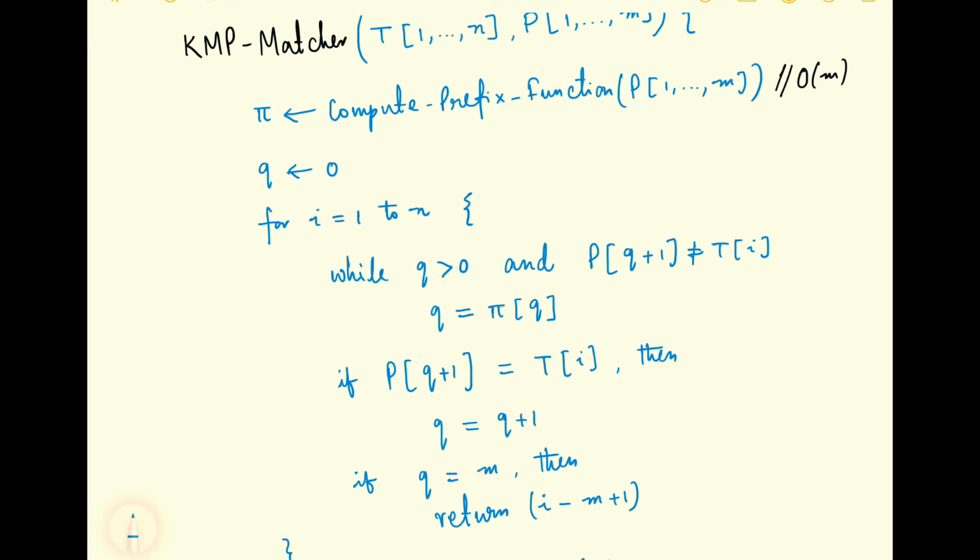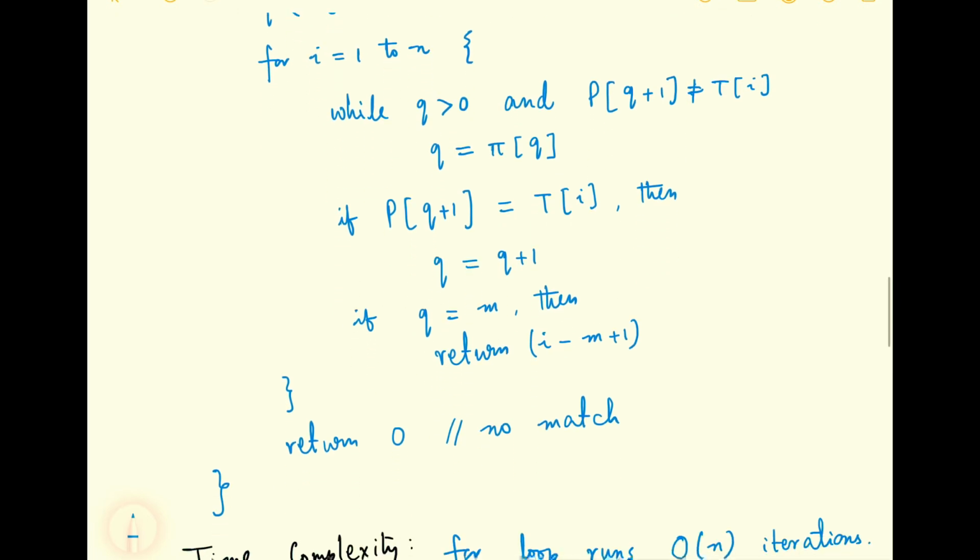I can include this t i into my partial match, and that is checked in the next if condition: if p q plus 1 is equal to t i, then the next character has also matched. So before, the first q characters had matched, and now the q plus 1th character of the pattern also matches the ith character of the text.